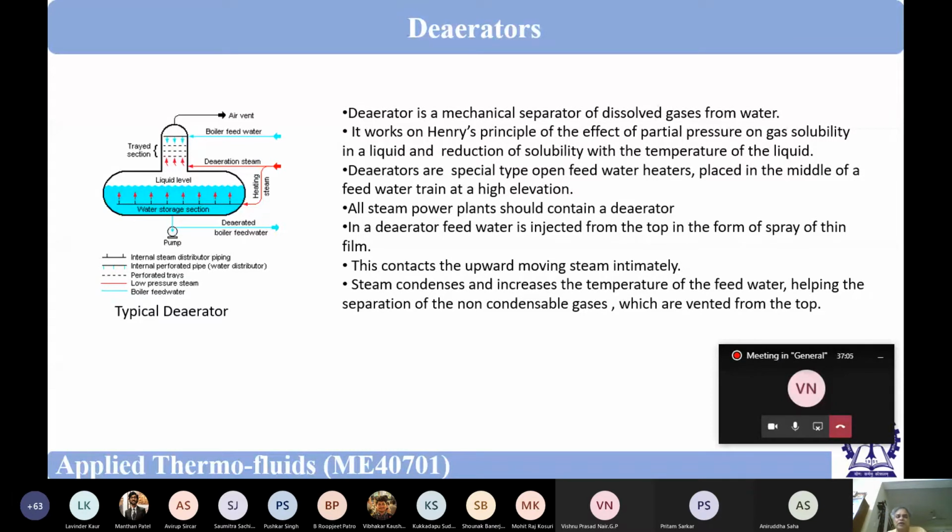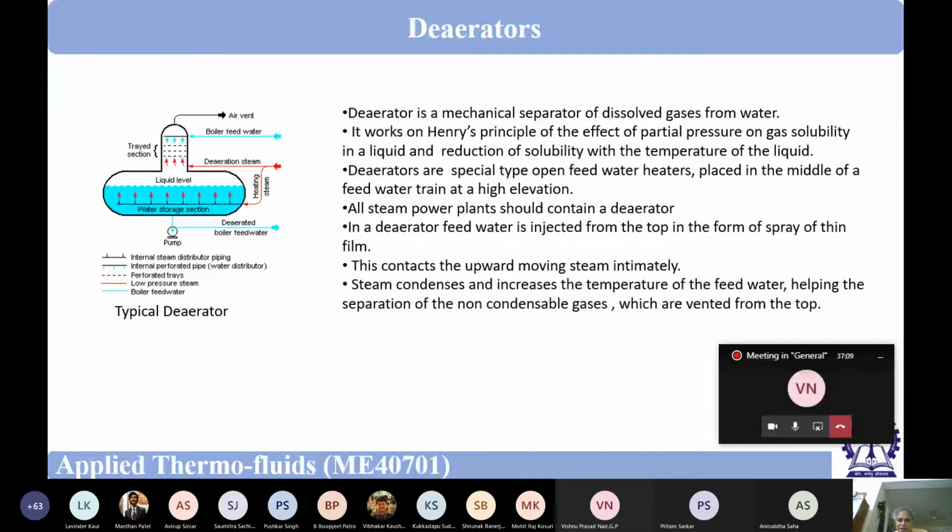Another thing is that if you heat a liquid, then whatever gas is dissolved in the liquid comes out. So these two principles are used in a deaerator. Am I clear? Can you understand this one? Yes, sir.